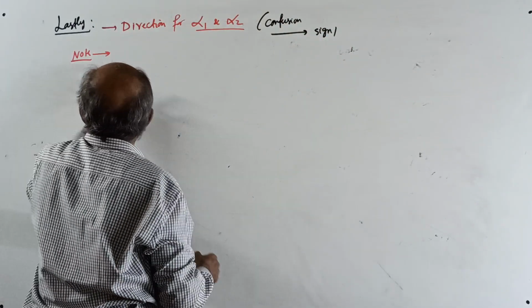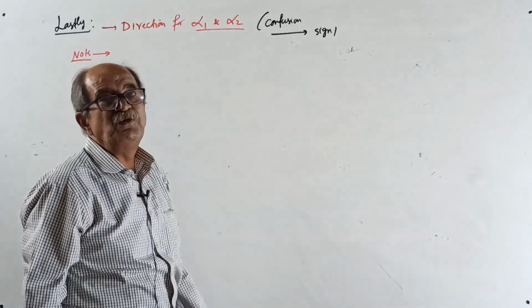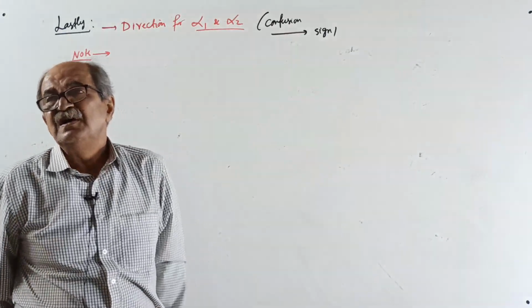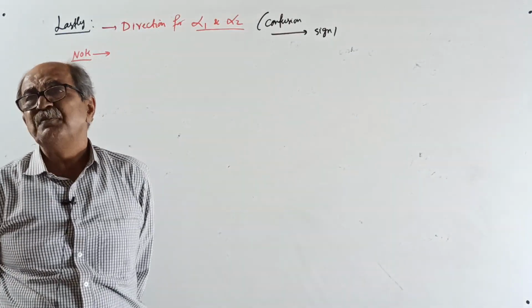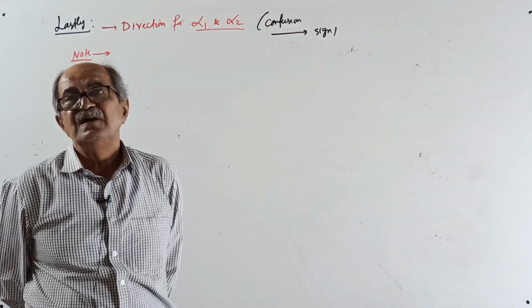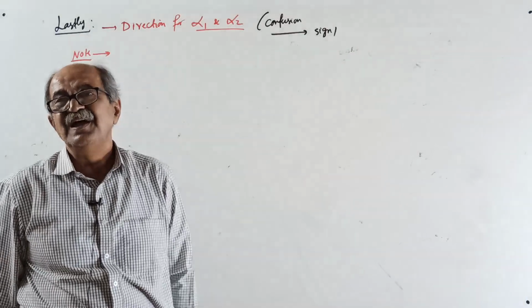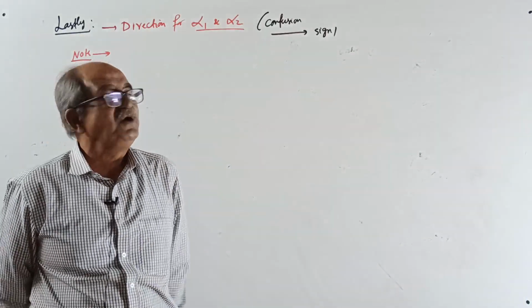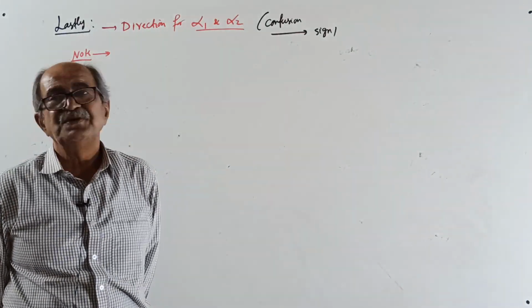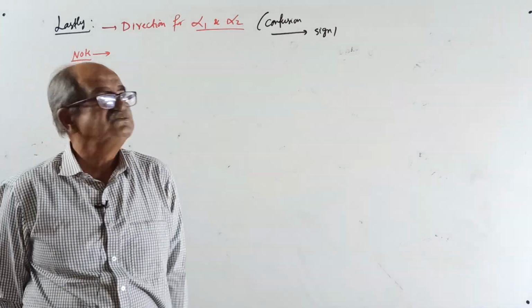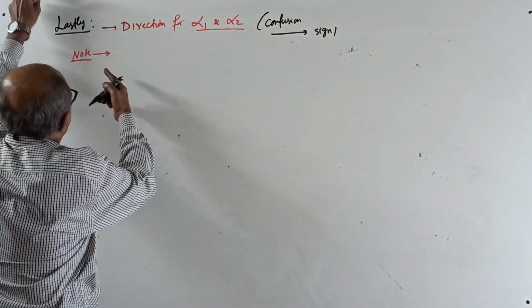Make a note. When you find the resultant R, I told you, it is the root of p square plus q square plus 2pq cos theta. Therefore, whether theta is positive or negative, it is always positive, because cos of a negative angle is positive. So resultant R will not come negative. But very important, write a note.